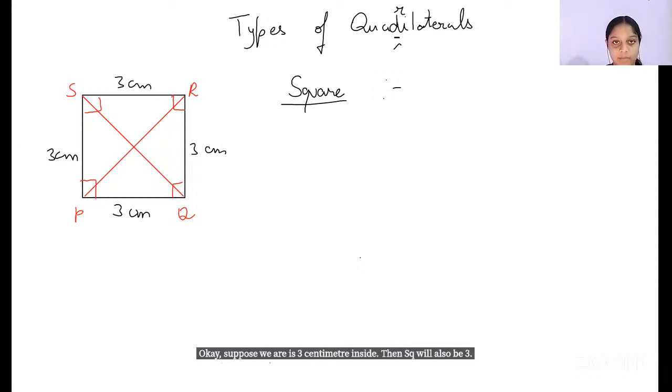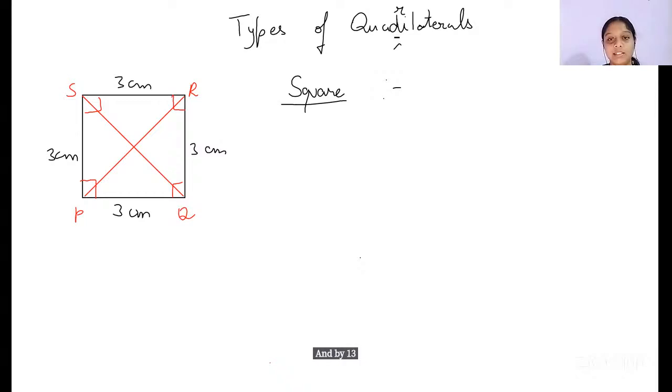They will bisect the 90-degree angles, meaning they bisect both the right angles, angle S and Q and angle P and R. They are cutting them in half, dividing them in half. Is it clear?